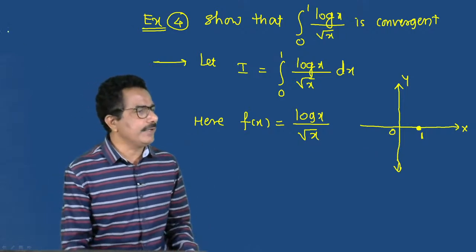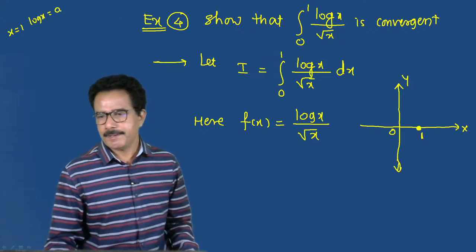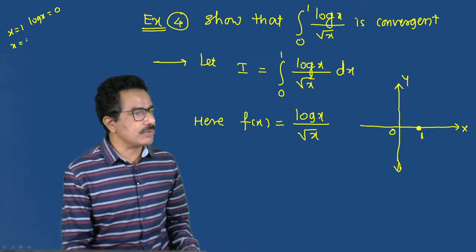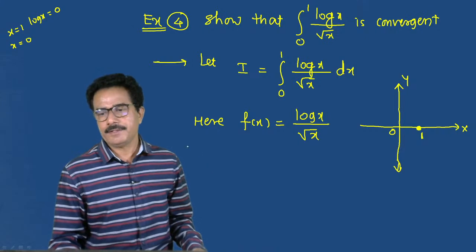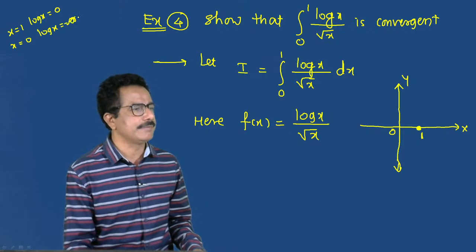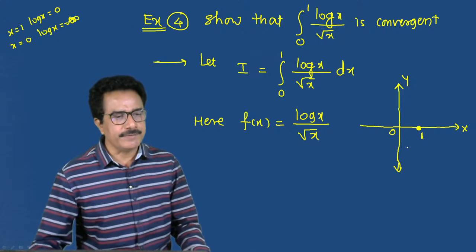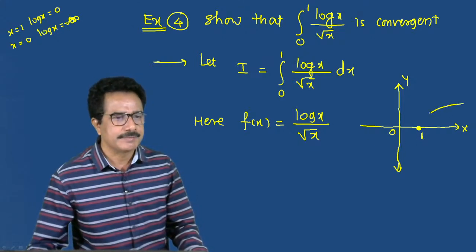See this, if x equals 1, then log x equals 0. Very good, हर्षद दलवे. If x equals 0, अगर आप x equals 0 रखते हैं तो log की वैल्यू कितनी होती है? Then log goes to actually minus infinity. Log x will be minus infinity, means the graph of log x is like this.